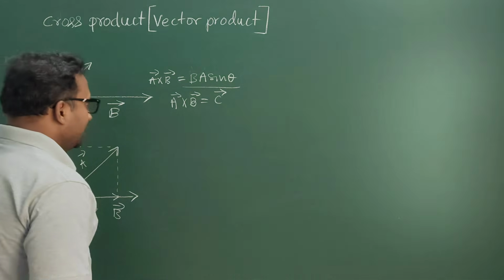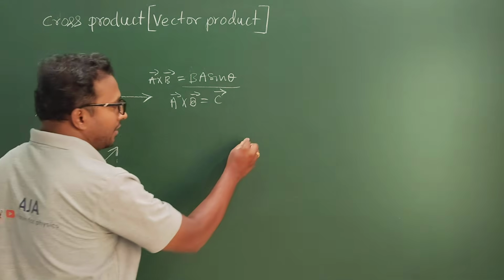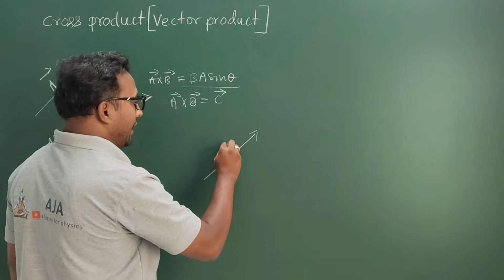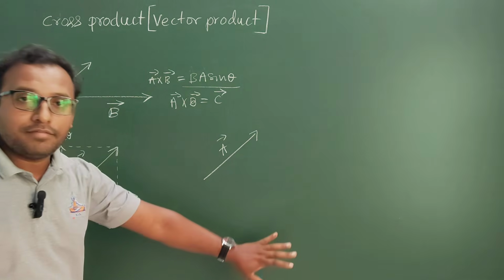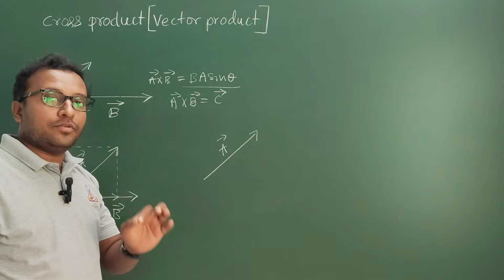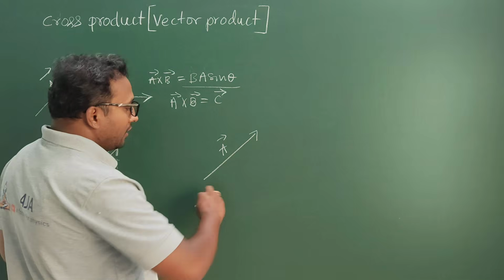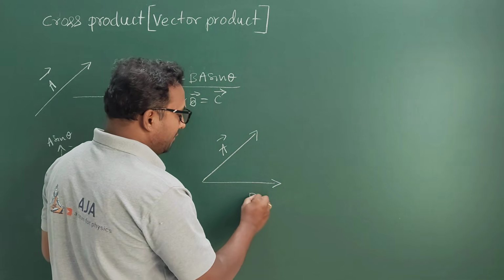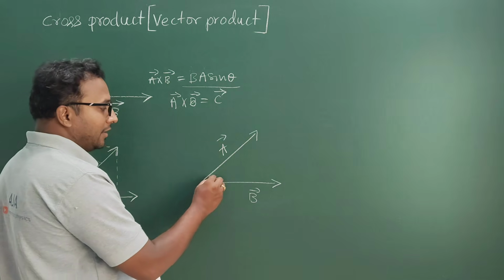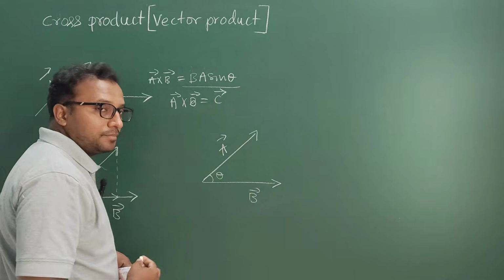Let us understand that. I will take this vector A over here. I can shift this vector A anywhere in the plane of the board without changing the magnitude and the direction. Now I will join the tail of vector B to the tail of vector A, as usual, and this is the angle.